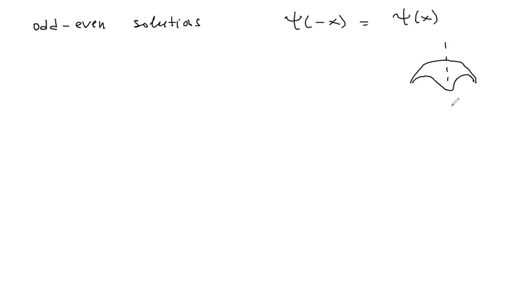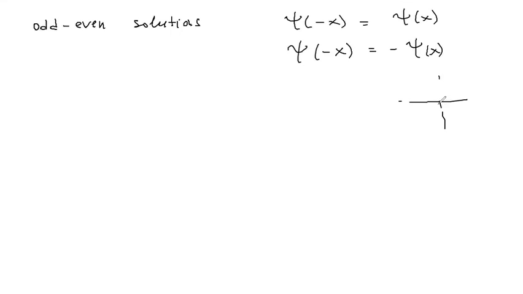So it's a symmetric solution, remember from standing waves. Or you can get a negative sign. For example, this one: if I flip it, I'm going to get a negative sign. So one would be symmetric, the second anti-symmetric, or one I can call an even function, and the second I can call an odd function.